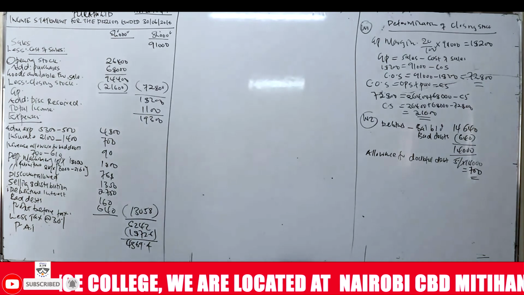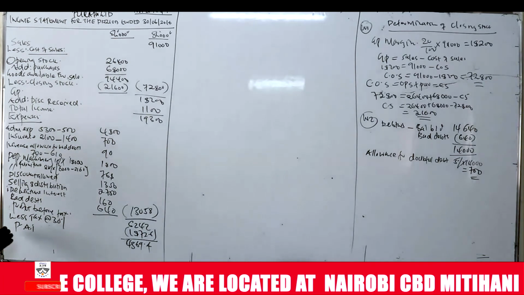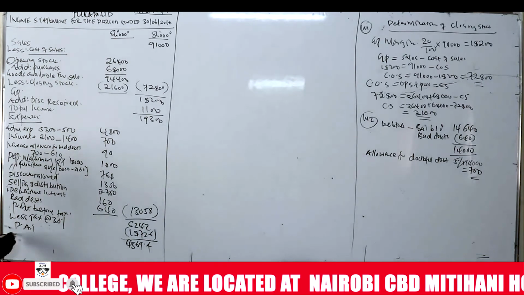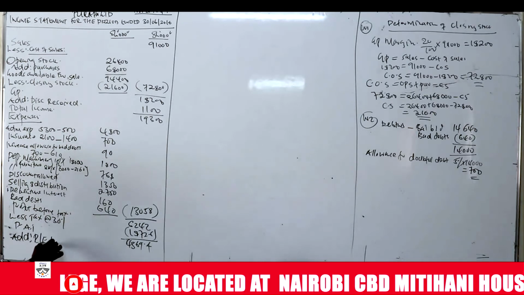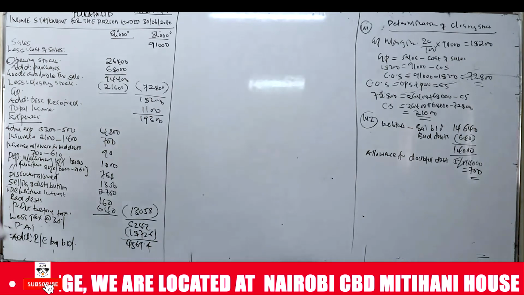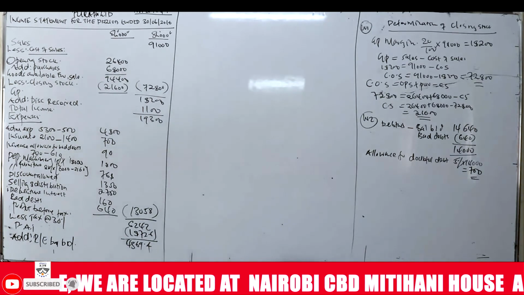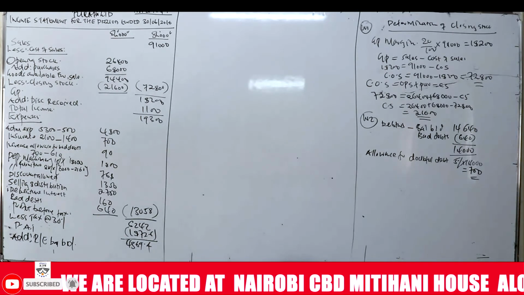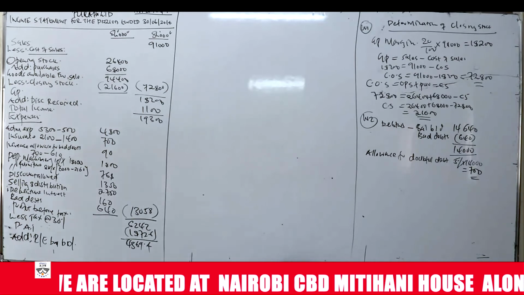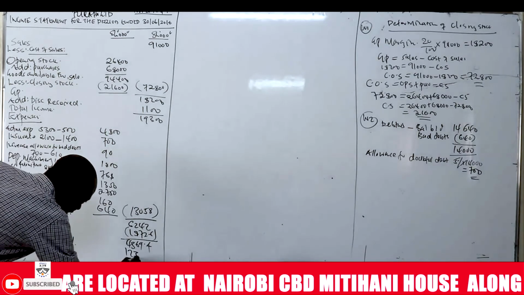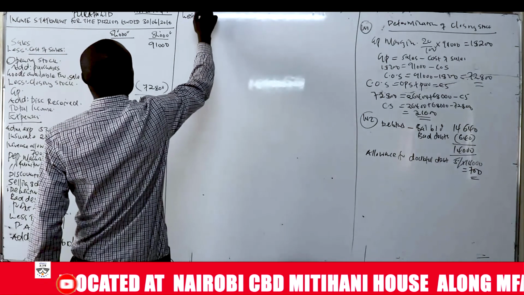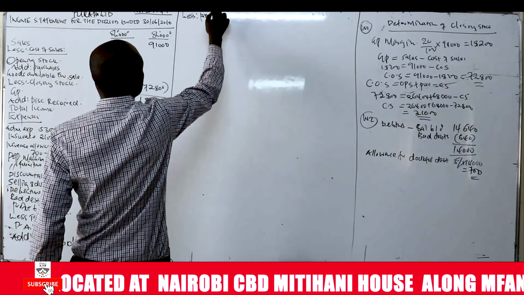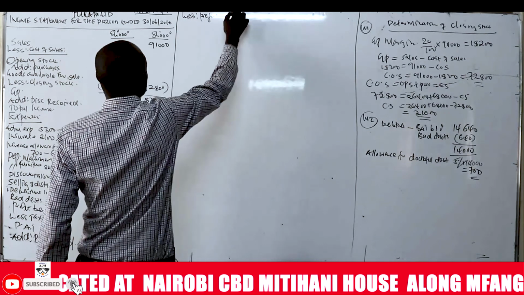69.4, like that. And then we add retained earnings balance brought down. Retained earnings balance brought down from the trial balance, how much? 12,330, isn't it? And then we less preference dividend.